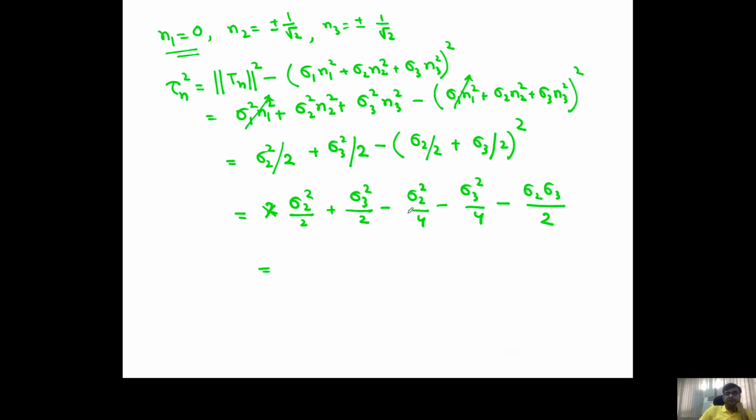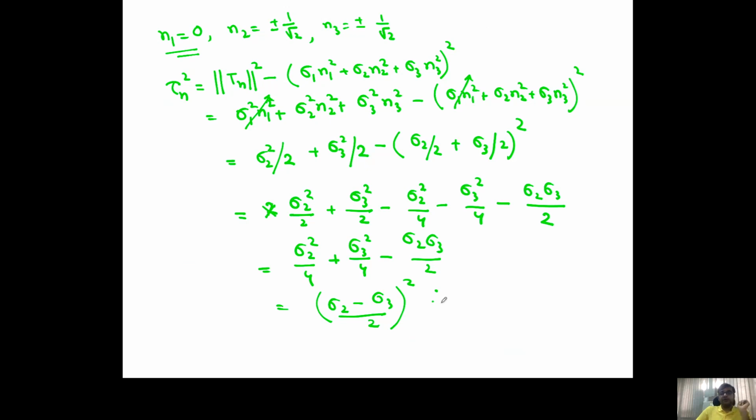And then you can take the sigma 2 together, and that will give you sigma 2 square by 4 plus sigma 3 square by 4 minus sigma 2 sigma 3 by 2. And this is nothing but sigma 2 minus sigma 3 by 2 whole square. And therefore, tau n is sigma 2 minus sigma 3 by 2.